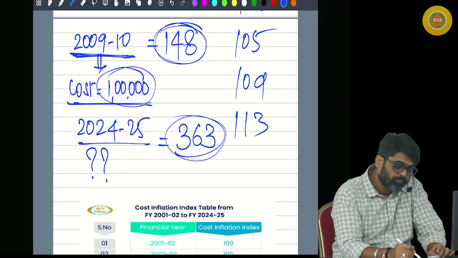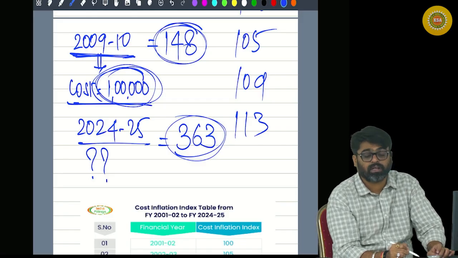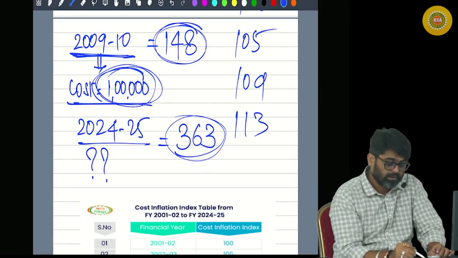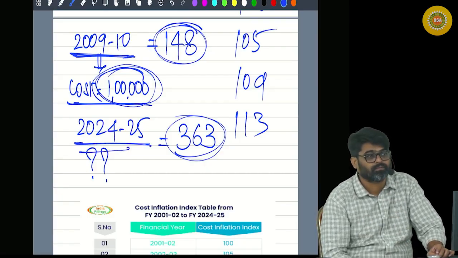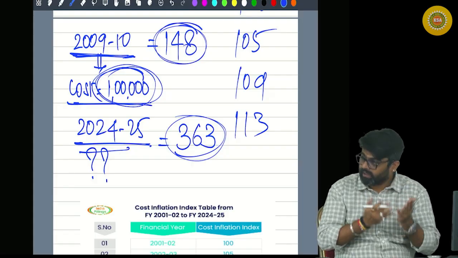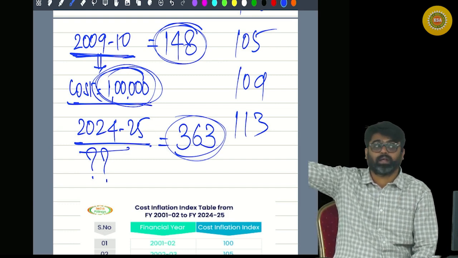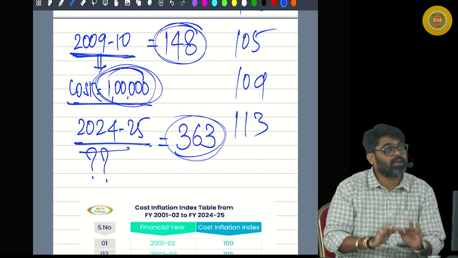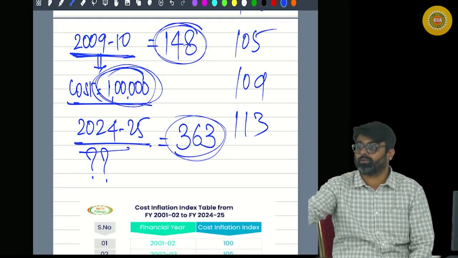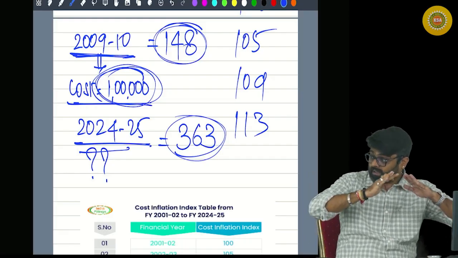Can you cross multiply? What are you going to do? You are going to take cost multiplied by CII of which year? This is the year of transfer, the year in which you have transferred the asset. In this year you are getting the selling price. So you have to bring your cost in today's terms, as if the cost was incurred in the transfer year.